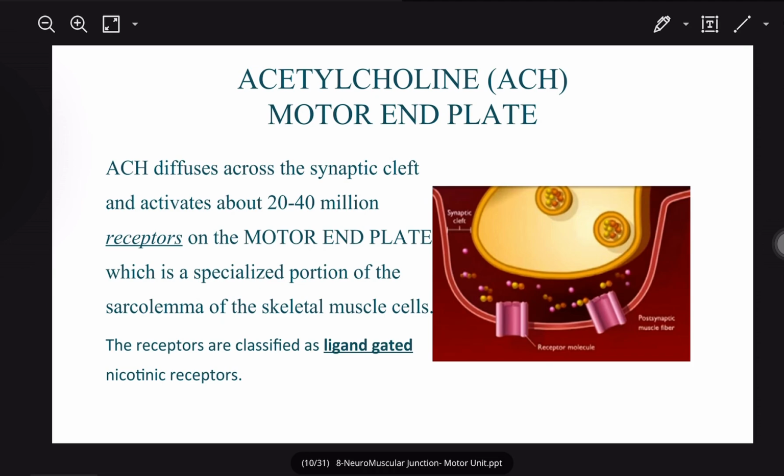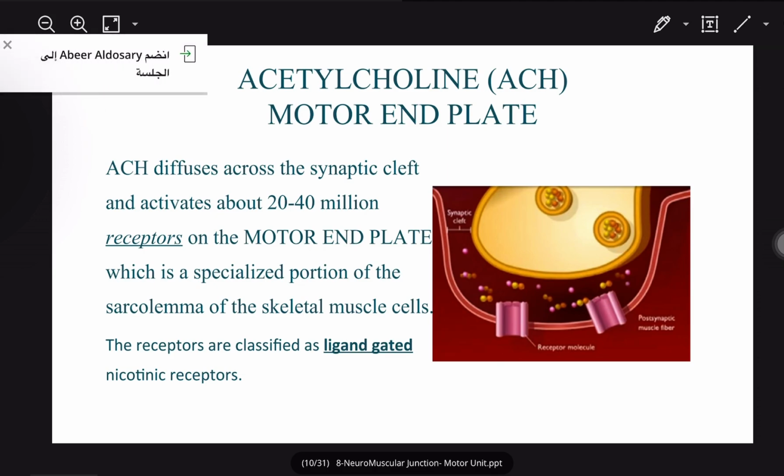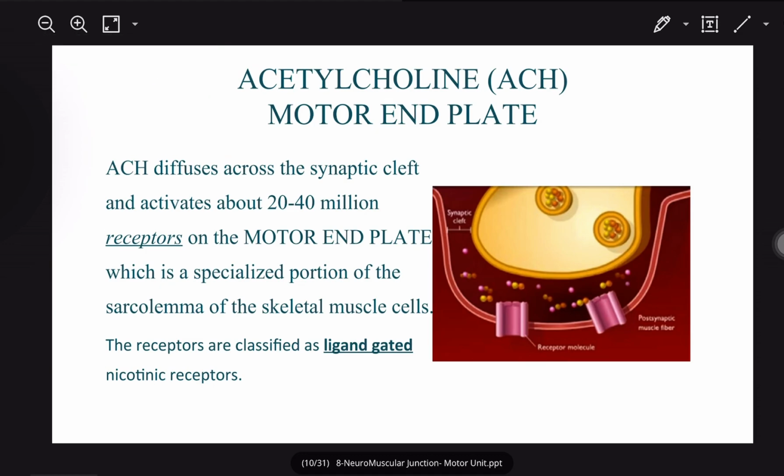Acetylcholine and what we call the motor end plate, we're going to talk about them now. Acetylcholine diffuses across the synaptic cleft and activates about 20 to 40 million receptors. We have receptor molecules in what we call the motor end plate.